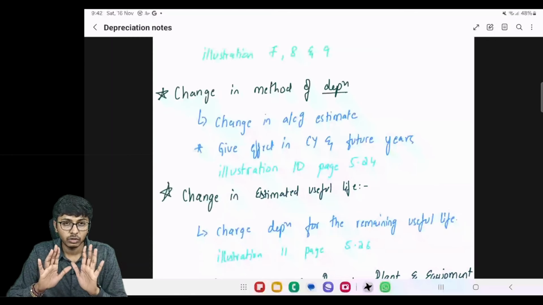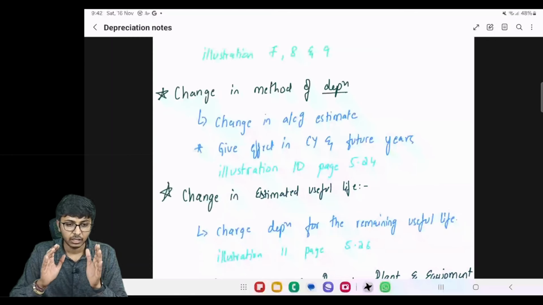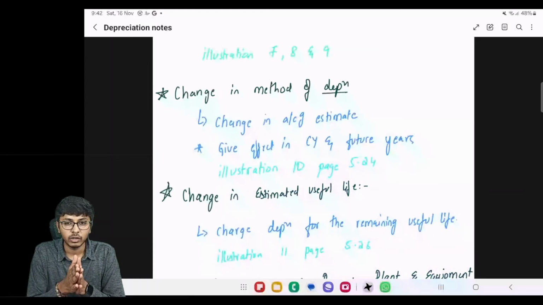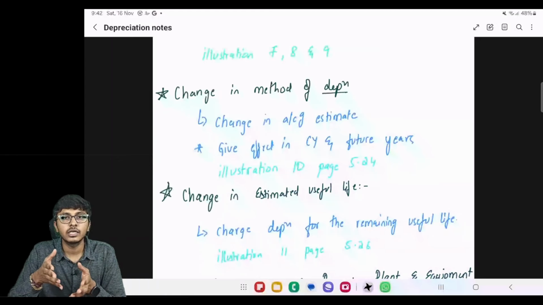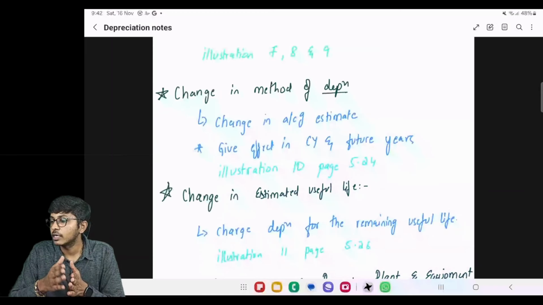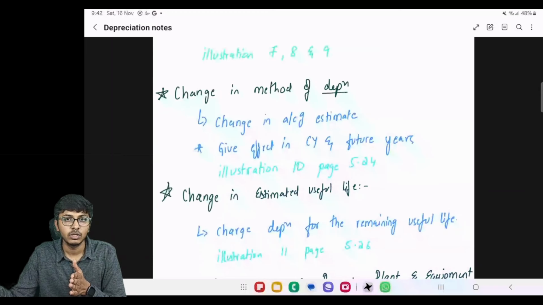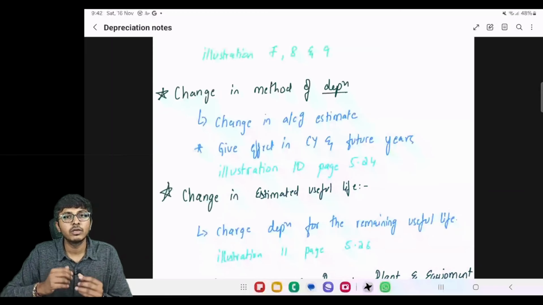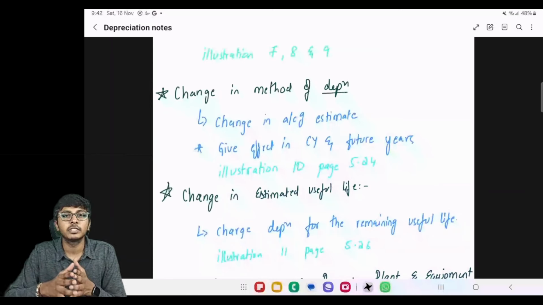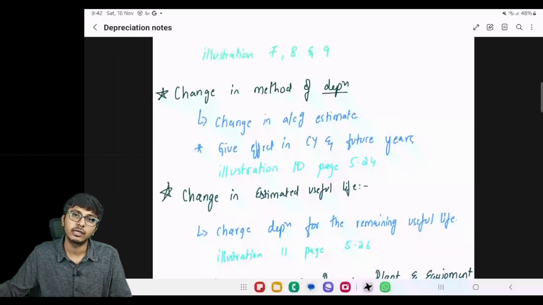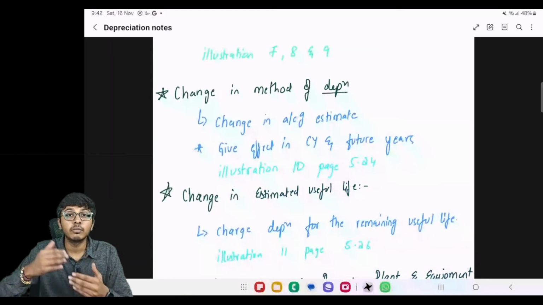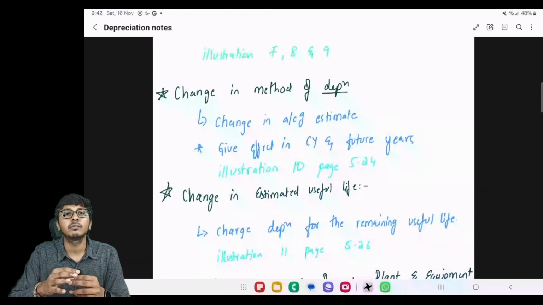So what should you do when you change? Simple. From that day, suppose the balance of the asset after depreciating is 5 lakhs today, and you ascertain the useful life is 5 years from now, and you think we will do SLM for 5 years, you depreciate 1 lakh each year. Or if you want WDV now, take the rate and multiply it by that balance.